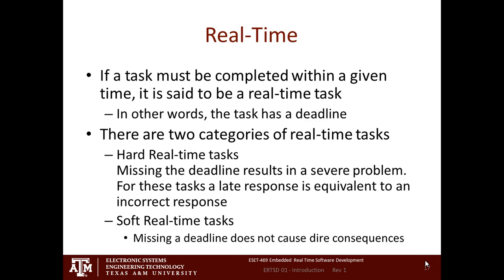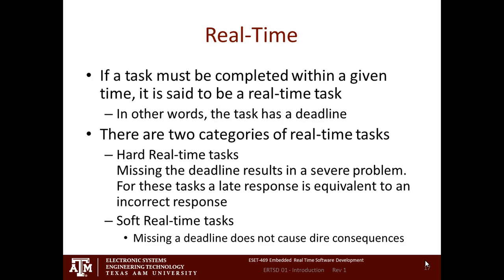So real time is about having a deadline, basically. There are two types of real-time tasks: hard real-time tasks and soft real-time tasks. We'll use your car as an example. You've got computer systems in your car. Anti-lock braking system.